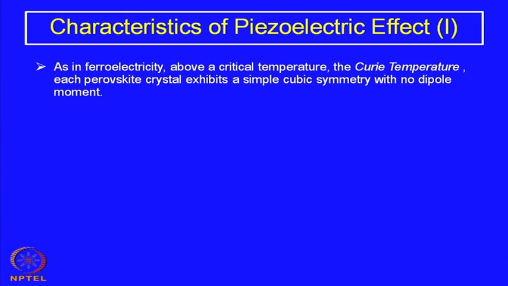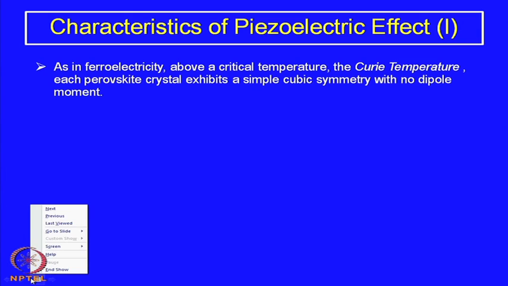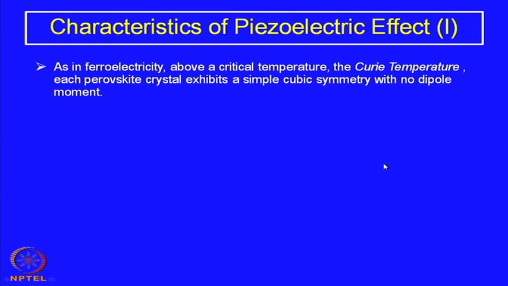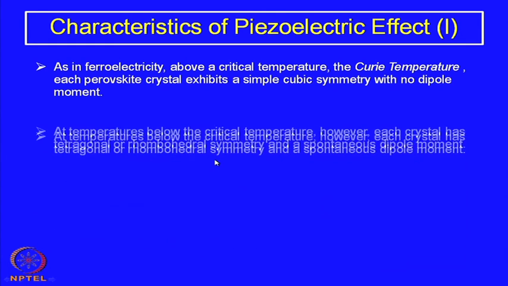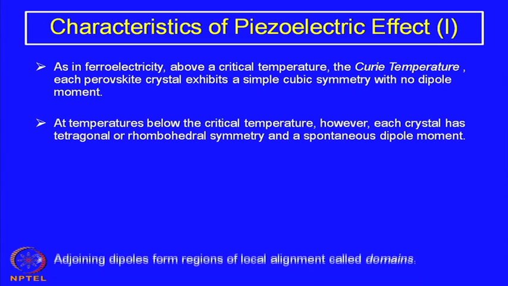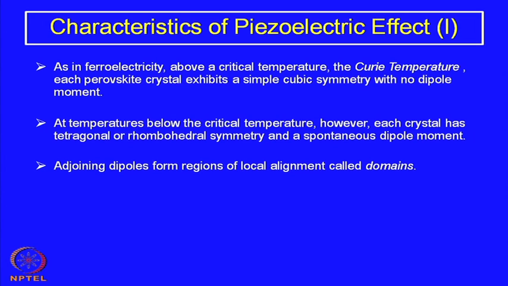So, once again one can identify a critical temperature called the Curie temperature. At temperatures below the Curie temperature, however, each crystal has tetragonal or rhombohedral symmetry and a spontaneous dipole moment. It is very similar to the ferroelectric materials we have discussed earlier.